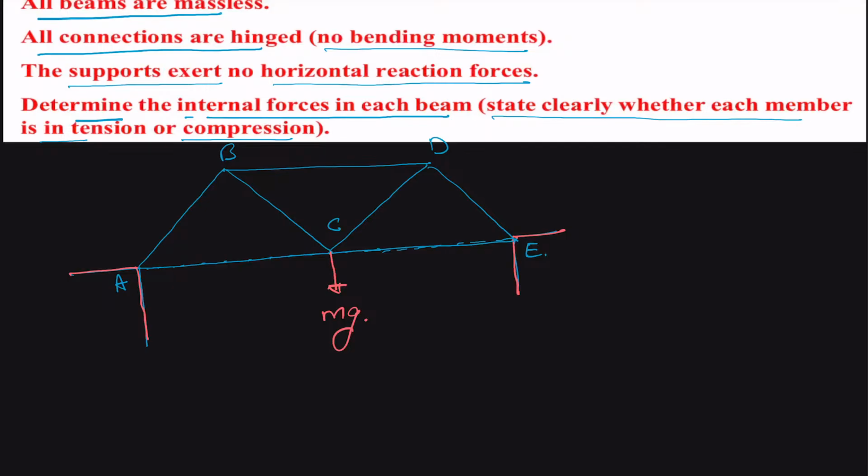And here we can write 2 reaction forces, at point A, let us call this RA, and the other one RE. All the triangles are equilateral, therefore we can say that the forces will be symmetrical.